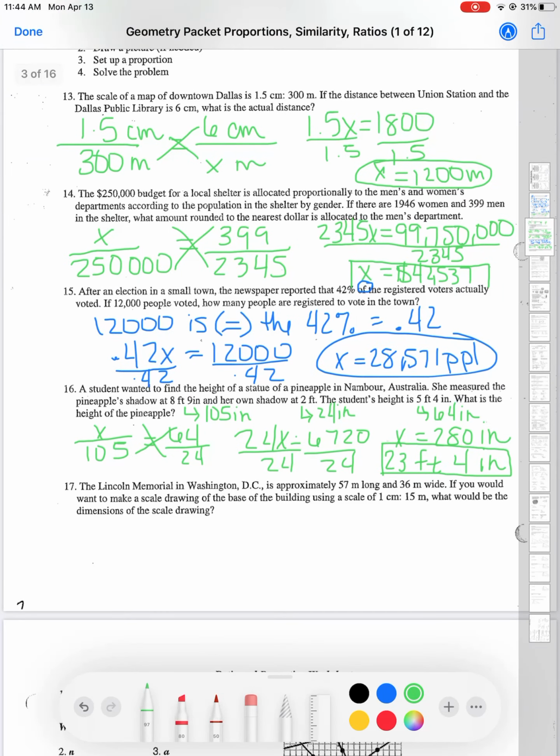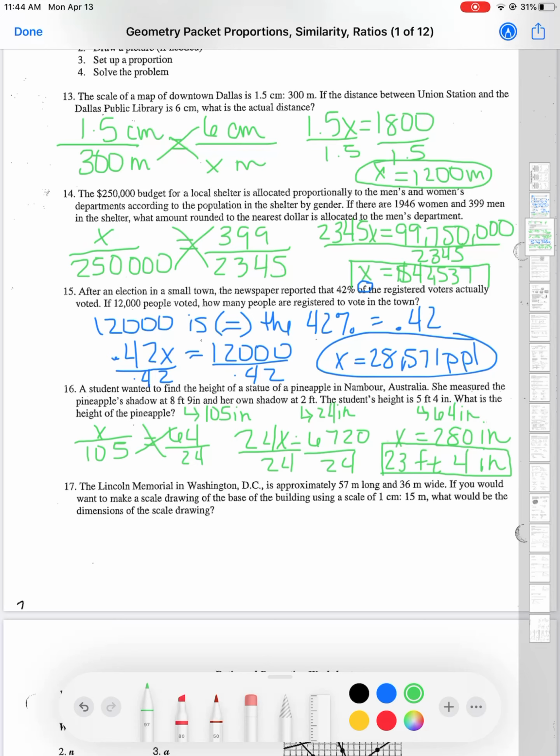And then finally, one more. The Lincoln Memorial in Washington, D.C. is approximately 57 meters long and 37 meters wide. If you would want to make a scale drawing of the base of the building, using a scale of 1 centimeter to 15 meters, what would be the dimensions of the scale drawing?